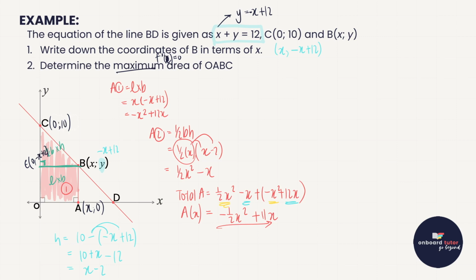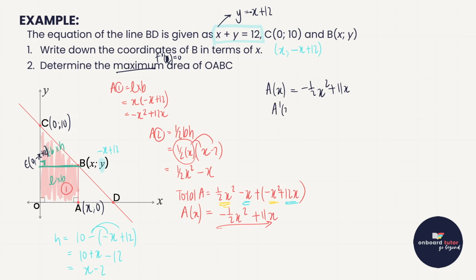So the minute I saw that word maximum, I knew I need to differentiate and let it equal 0. But at that stage, I didn't know what to differentiate, and so I had to go and work out an equation for area. Now we can differentiate this. So A of x is minus a half x squared plus 11x.